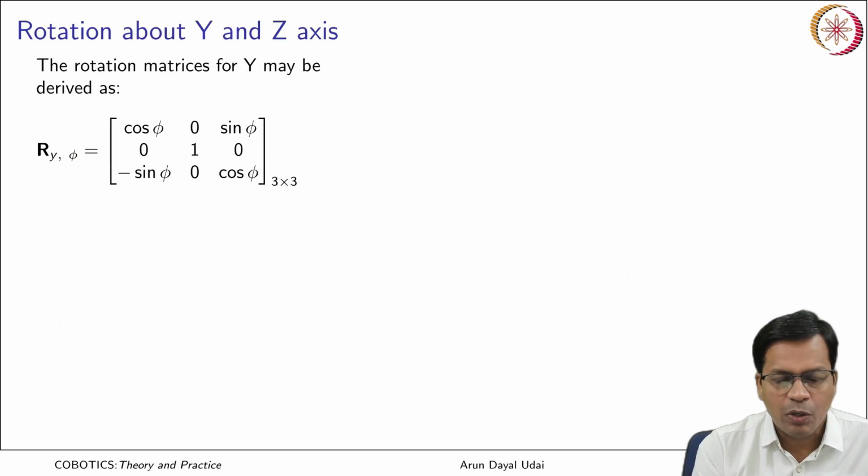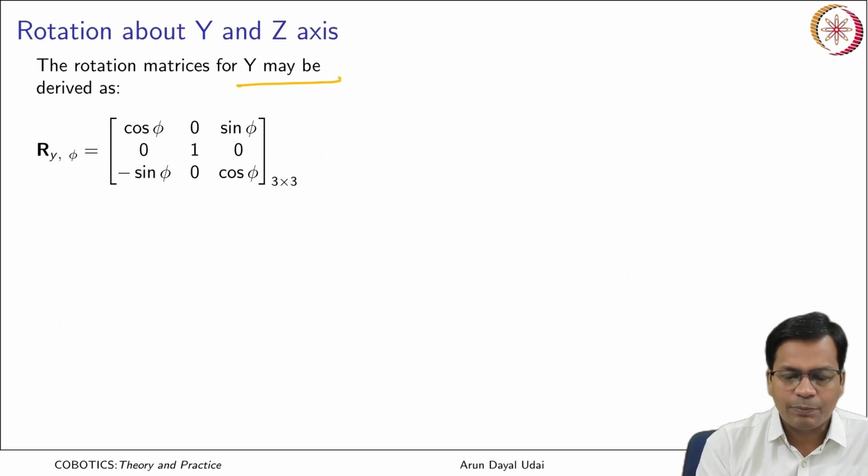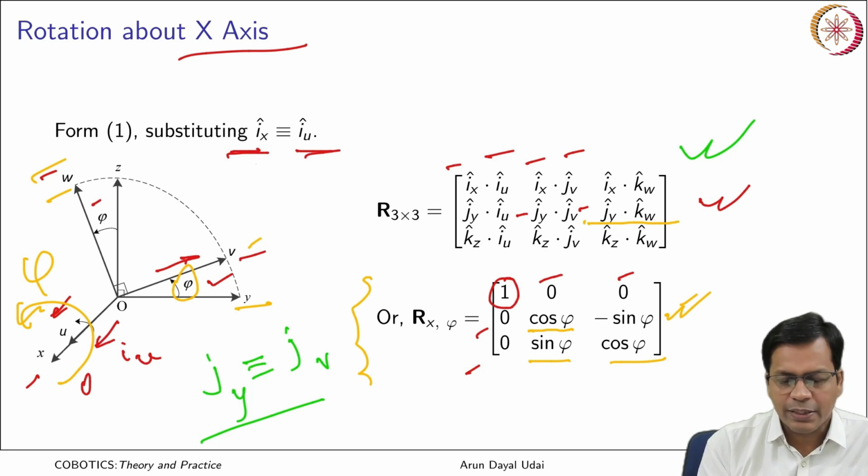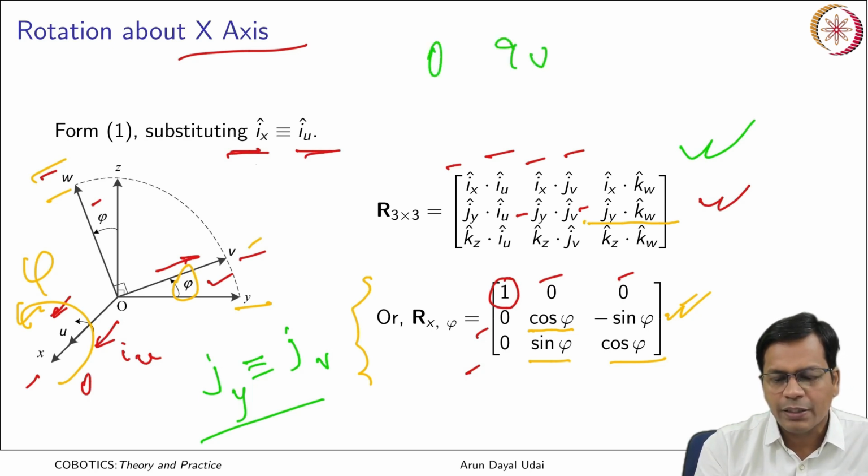In order to rotate about y axis, you go back and see what you can substitute here. This time you have to substitute Jy equivalent to Jv. If you substitute this again here and apply a similar technique, you just check their angles should be 0 degree, 90 degree or the required angle of rotation.